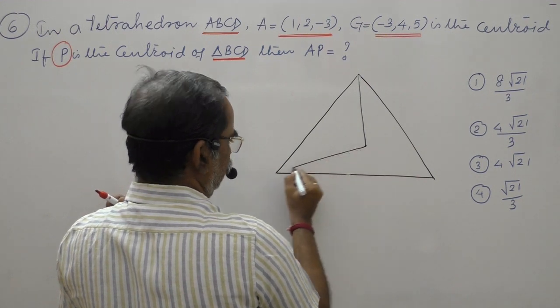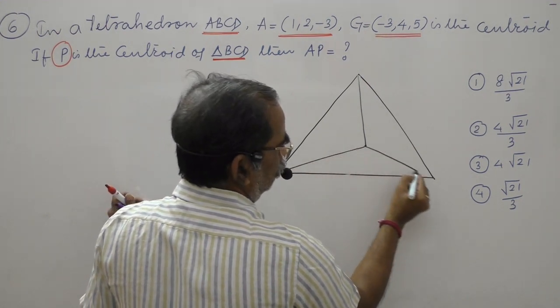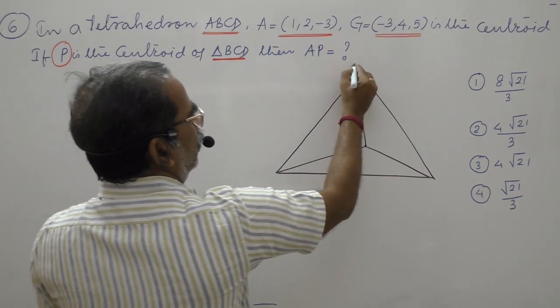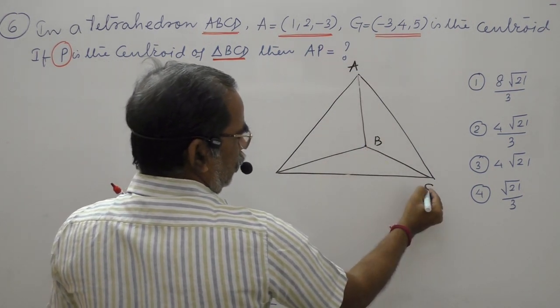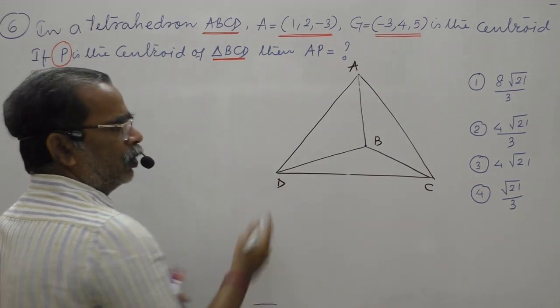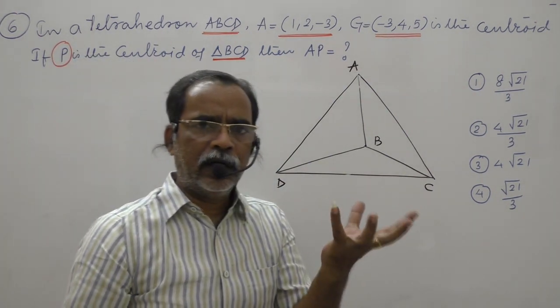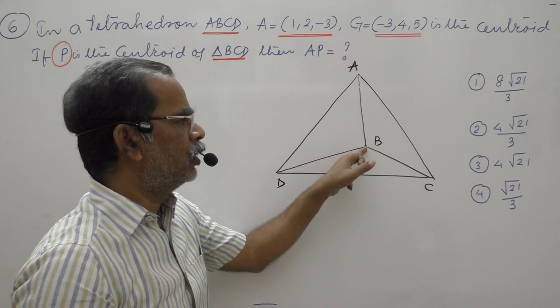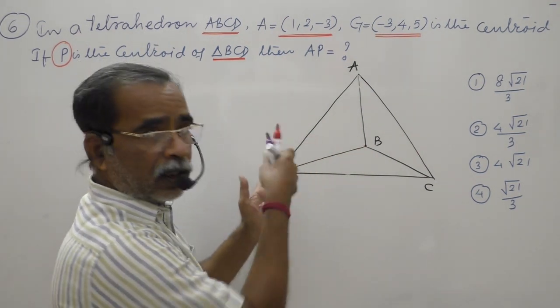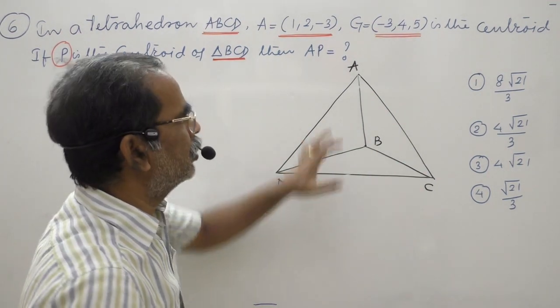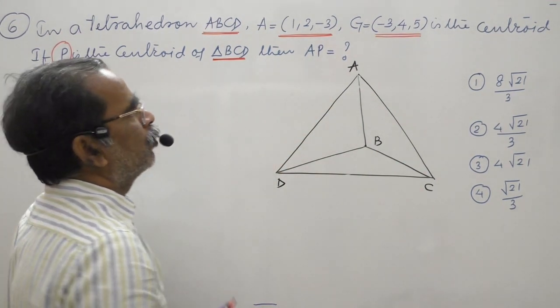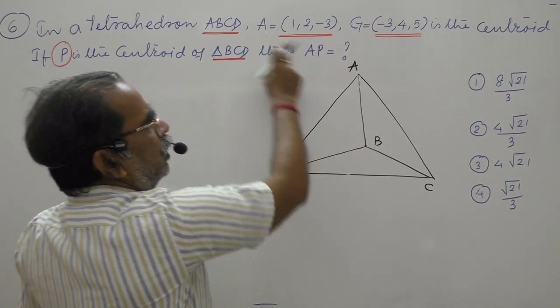This point is vertex A. Suppose this is B, C and D. It is just like a tent. You imagine this vertex B is inside the board. Then you will imagine the 3D figure. This is a tetrahedron.